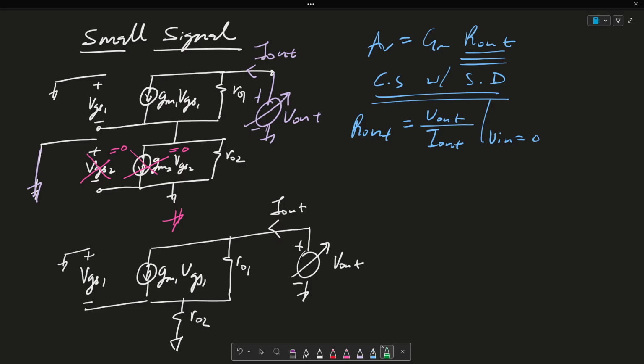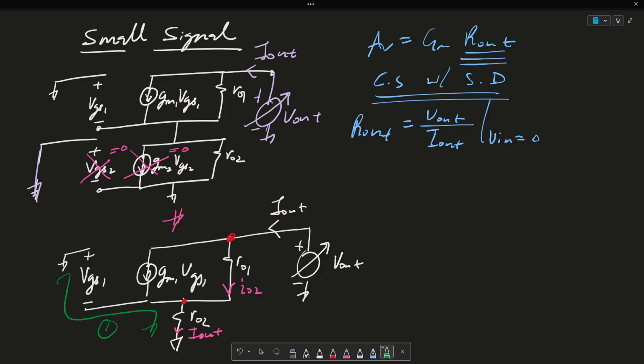So I'm going to start here, and I'm going to write a KVL because I'm solving for voltages. And actually, before I do that, I'll say that, again, this is IO2, and this is, again, I out, because it splits on this node and comes back to this node. So I hope that makes sense. Let me go back to my KVL.